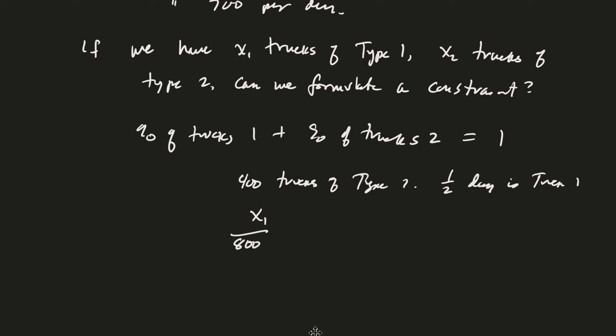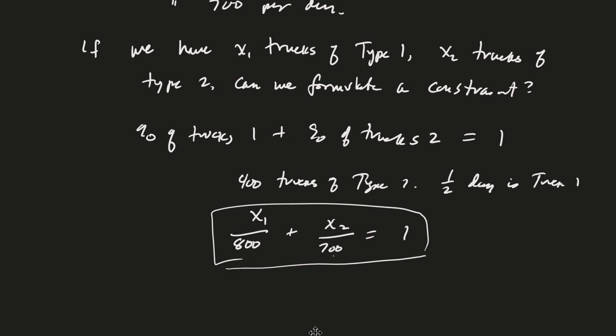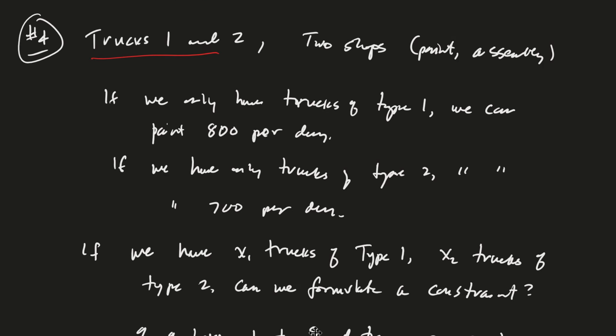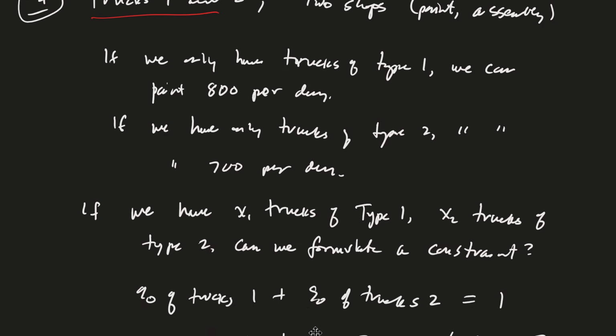And then what's the percentage for trucks of type 2? X2 divided by 700. And if I add these two percentages together, I get a 1. Good. So this is a little bit different than what we were doing before, but we end up with something that we can work with. So this would be the constraint for the percentages. I think you guys can probably finish off exercise 4.